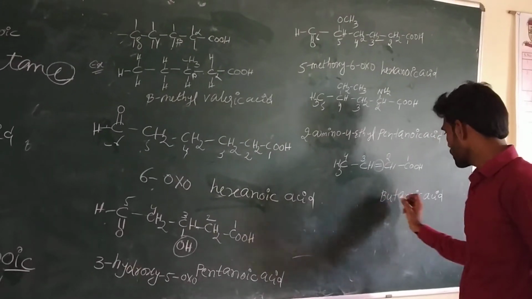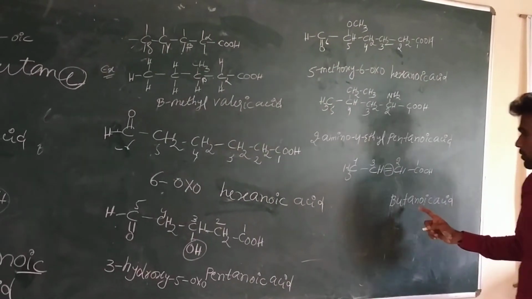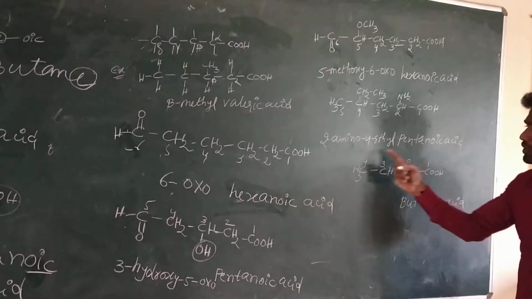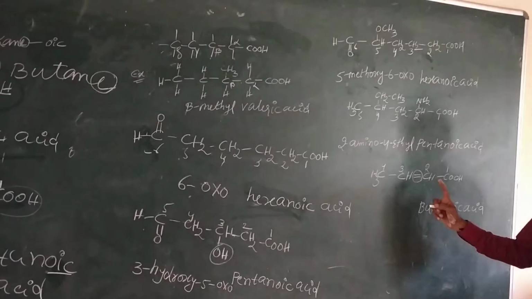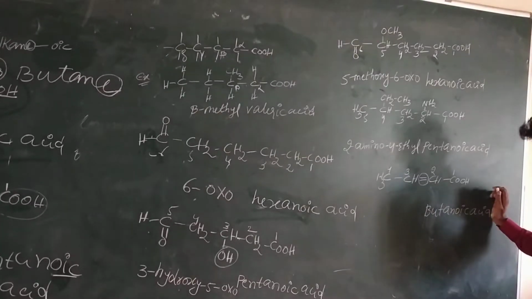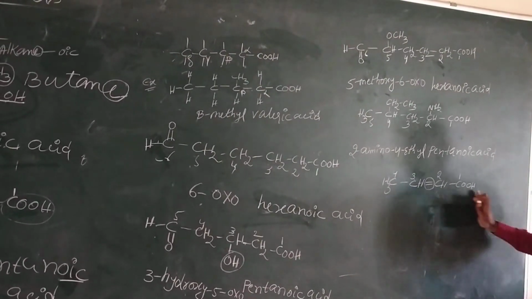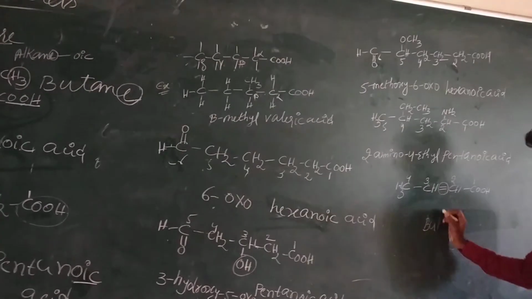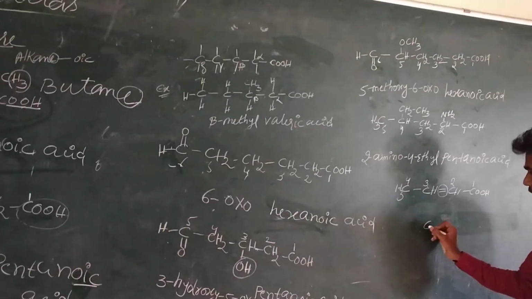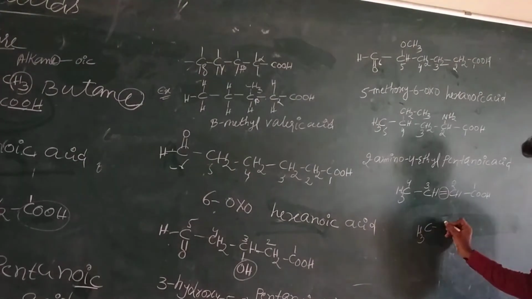So normally if it is a saturated molecule, it is a butanoic acid, but it is an unsaturated molecule. So that's why normally this molecule is butene. So for example, hydrocarbon molecule, I am giving.